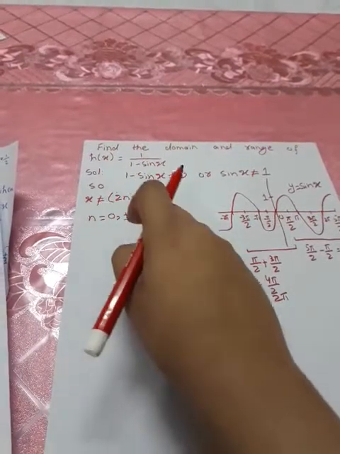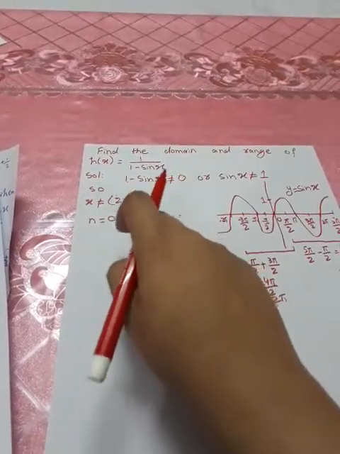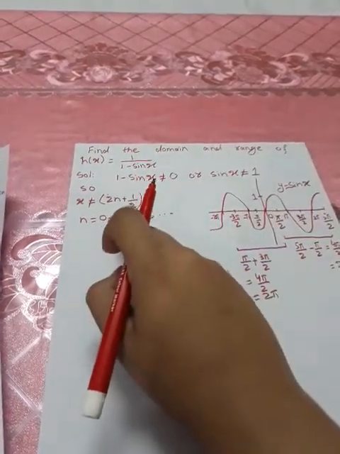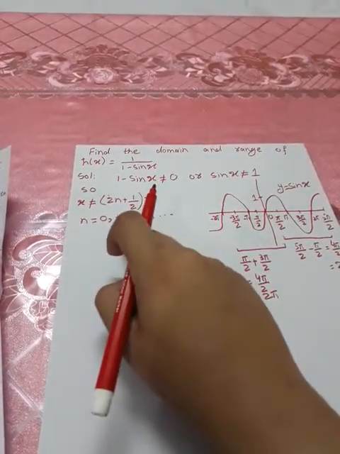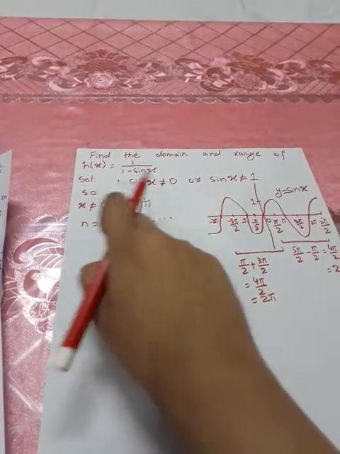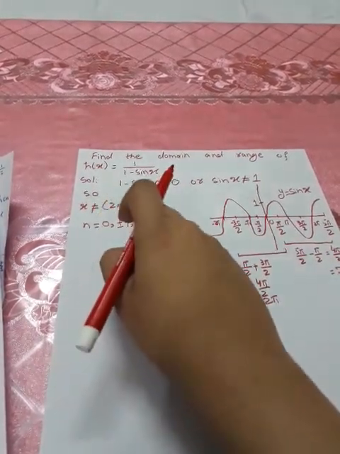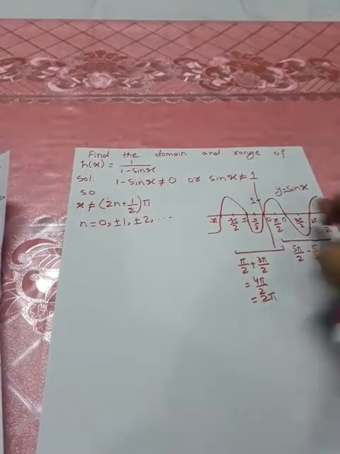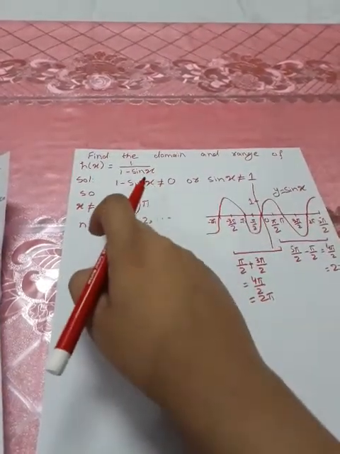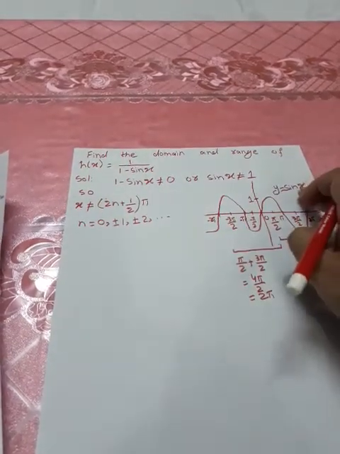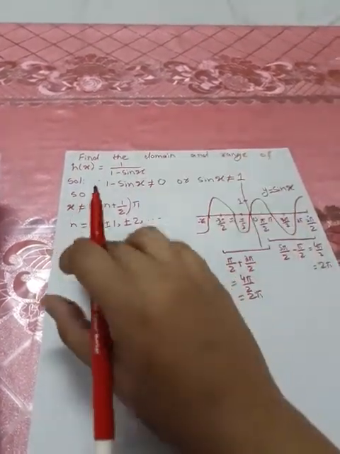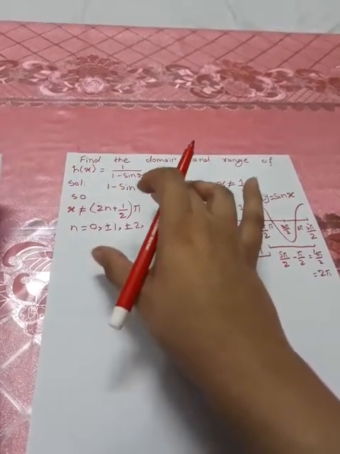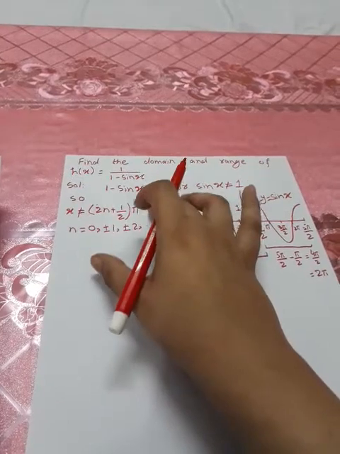When n is 0, I have x equal to pi by 2 and sin pi by 2 is 1. For n equal to 1, this becomes (2 plus 1) by 2, that is 5 pi by 2, and sin 5 pi by 2 is 1. For n equal to minus 1, I have minus 3 pi by 2 and sin minus 3 pi by 2 is again 1. Right? So in general, I can write the values that are required to exclude.